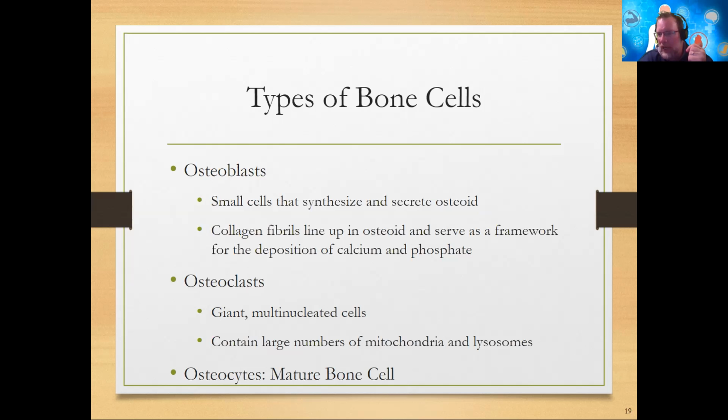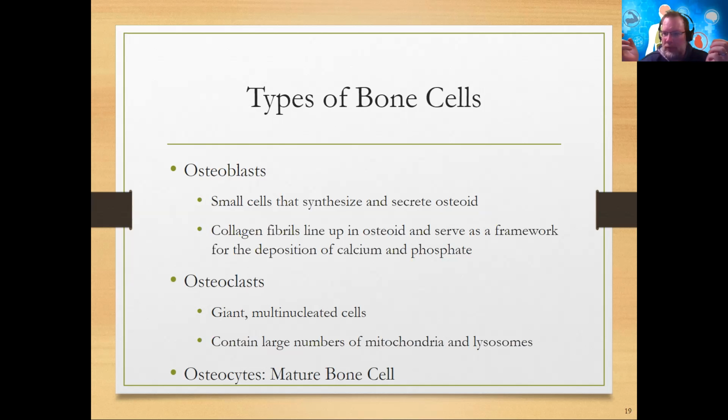The other two, blasts, are the builders. These are generally thought of as being more immature bone cells. They're probably the youngest of the group. They also have the most energy, and they like to build a lot. So these guys are the tiny little bone builders.